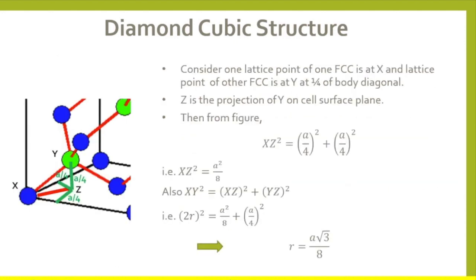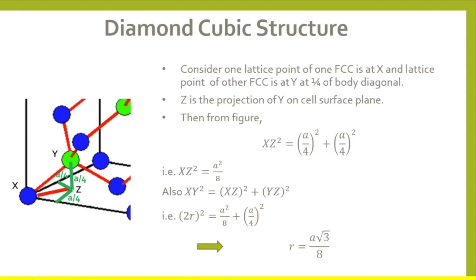Now to calculate the radius of the atom in the diamond cubic structure, first we need to understand the geometry of this cubic structure. As we know, in the diamond cubic structure there are two FCC lattices interpenetrated into each other.